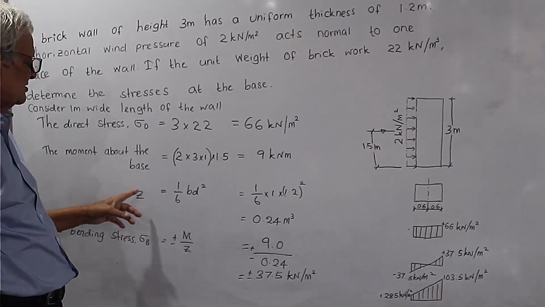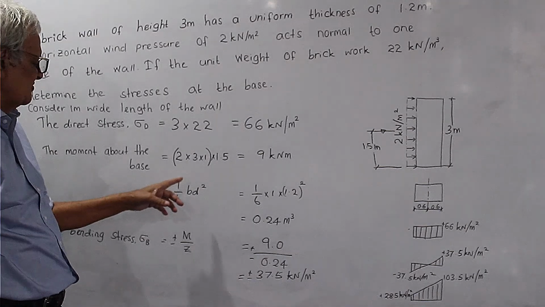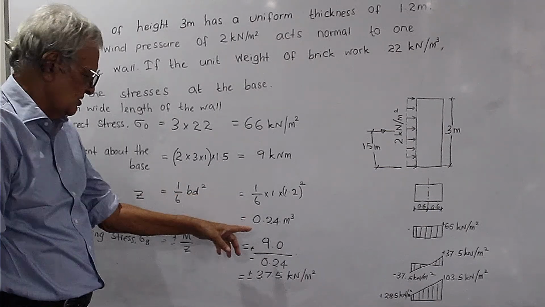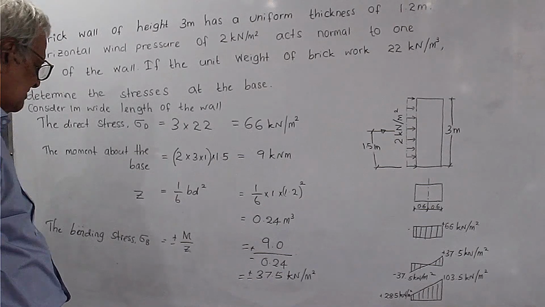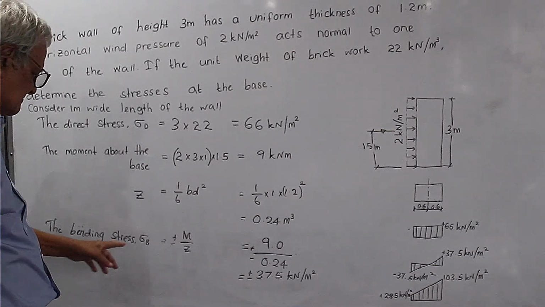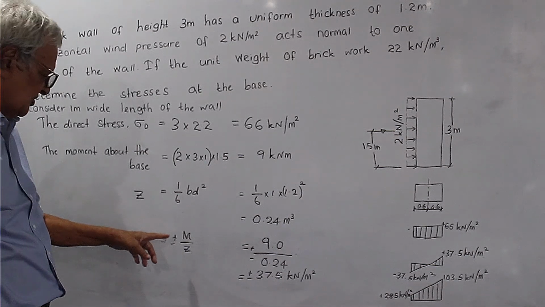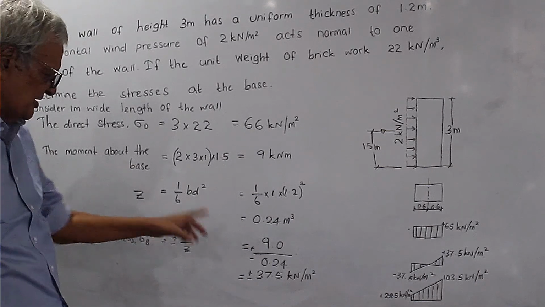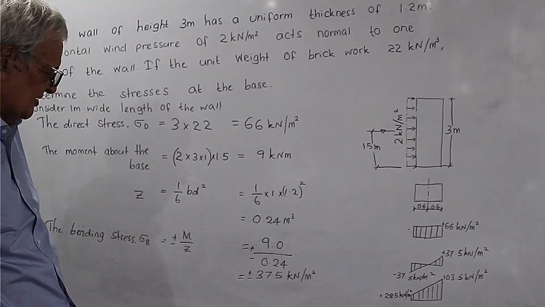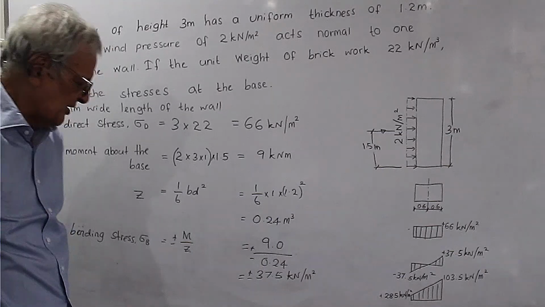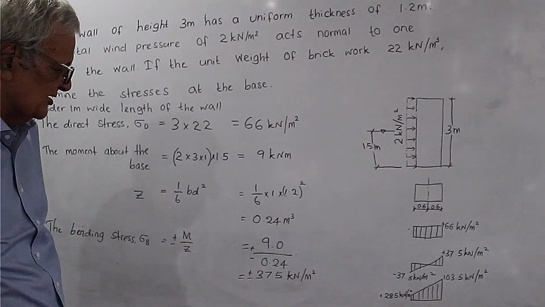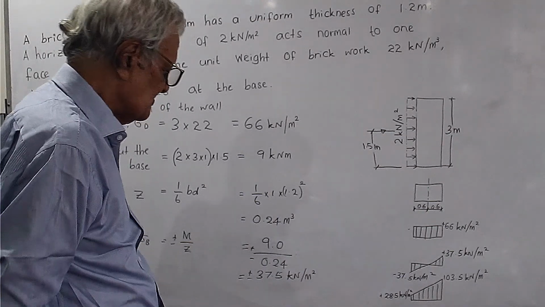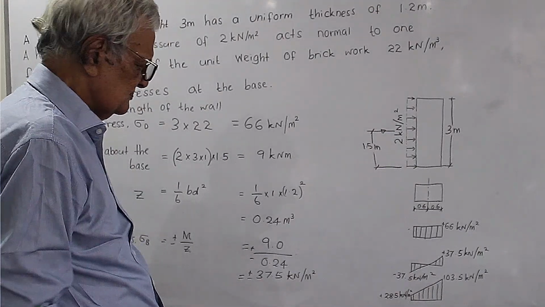Z equals b d squared over 6 equals 0.24 meter cube. The bending stress sigma B equals plus or minus M over Z, which is equal to plus or minus 37.5 kilonewtons per meter square. And the combined stress is shown on the board.